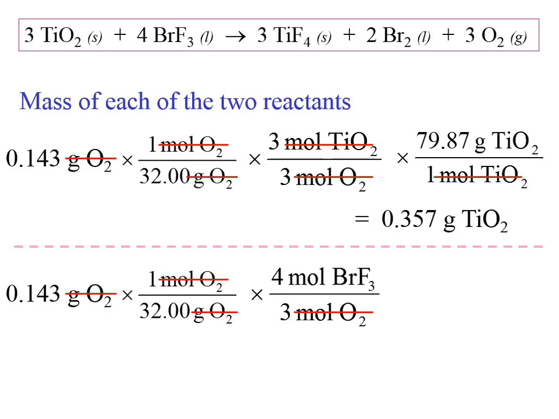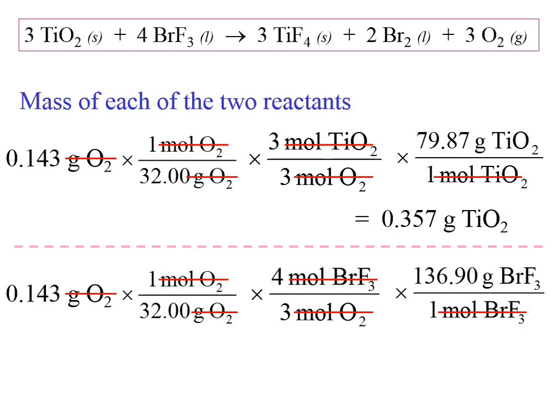So all the units cancel except for grams of BrF3. And then how many sig figs? 3 again. So is this what y'all got? Okay, we got 0.816 grams of BrF3.